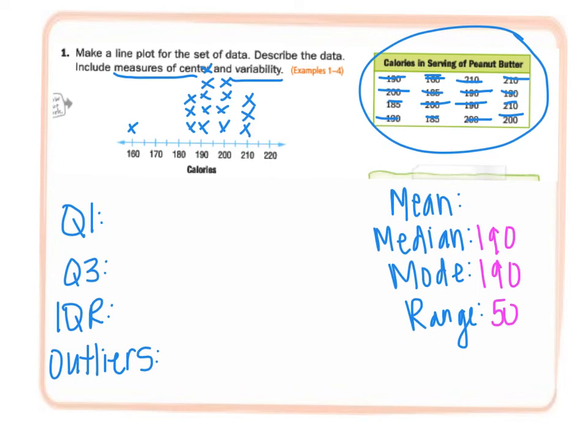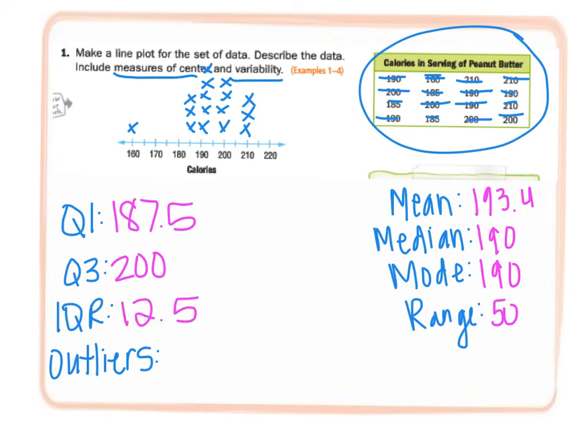The mean is 193, and if I round it to the tenths, I get 0.4. The Q1 is 187.5. The Q3 is 200. So in order to find the IQR, I'd take 200 minus 187.5 and get 12.5. And the outlier is at 160.